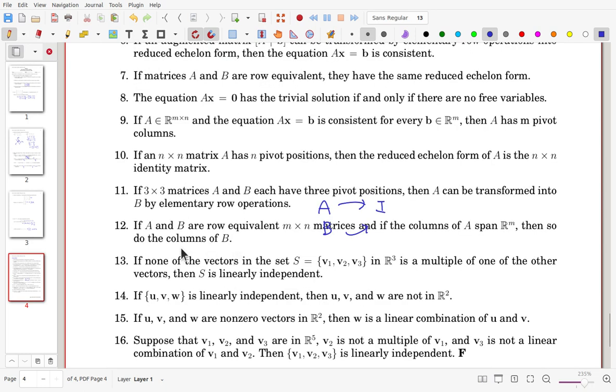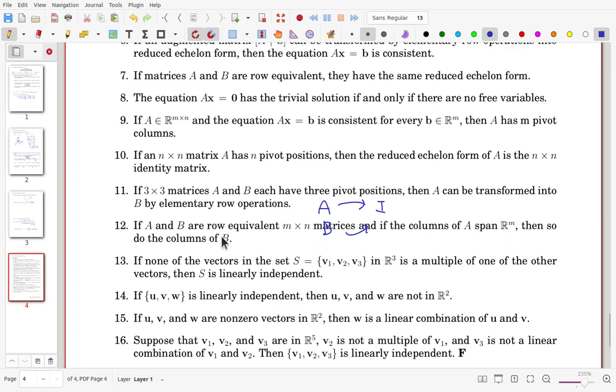Okay, number 12. If A and B are row equivalent matrices, and if the columns of A span Rm, then so do the columns of B. It must be true, right? Row equivalent, and the columns of A span Rm, means that there are m pivot positions for A, and each row should have a pivot position.